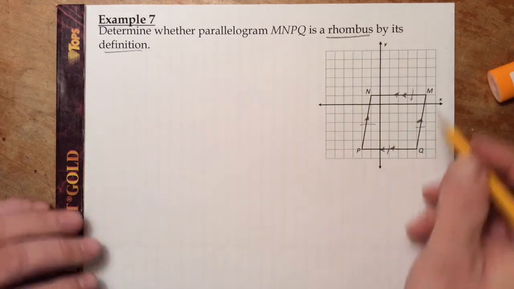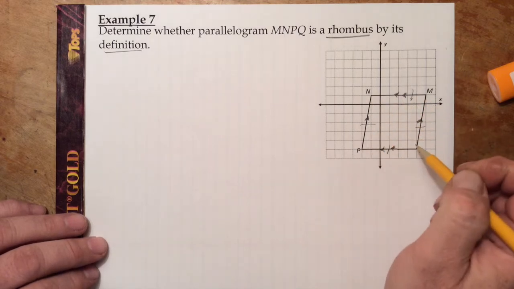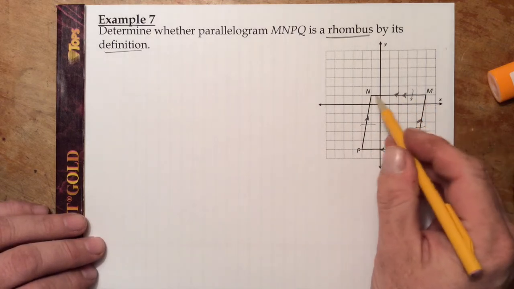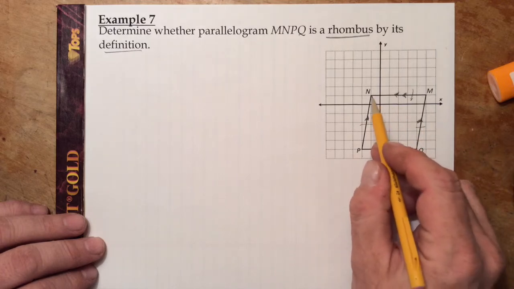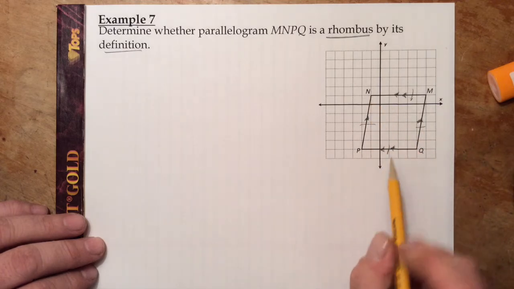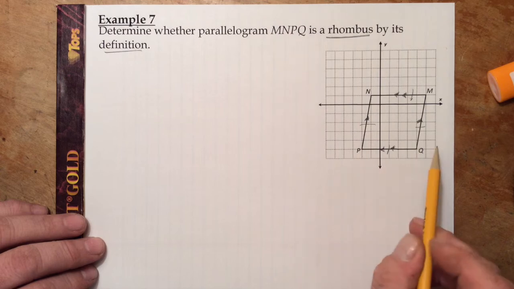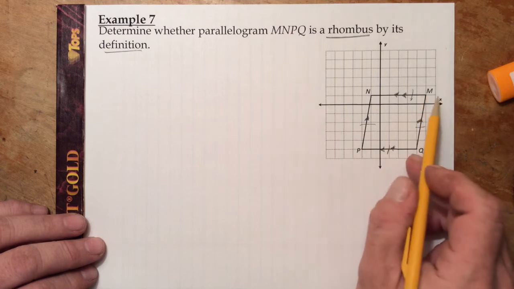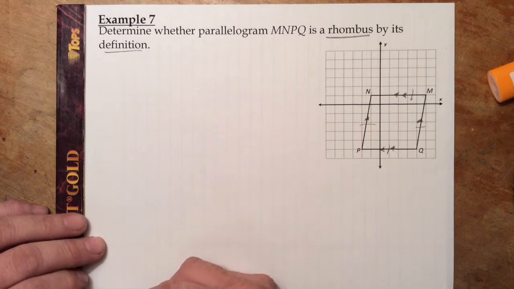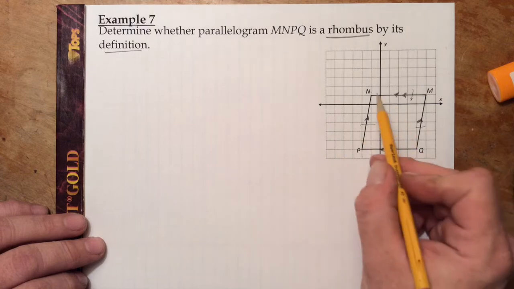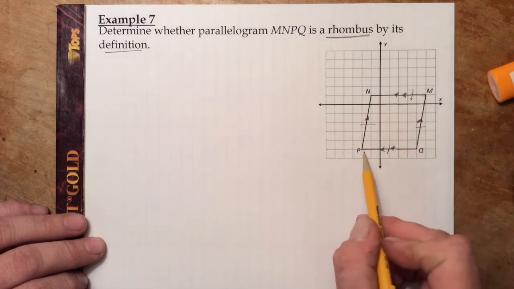So by using that, the part of the definition that's specific to the rhombus is that all four sides are congruent to each other. So we're going to have to show that the length of NP is equal to the length of PQ, which is equal to the length of QM, which is equal to the length of MN. Now before we get ready to do the distance formula 4 times, notice that 2 of these are horizontal.